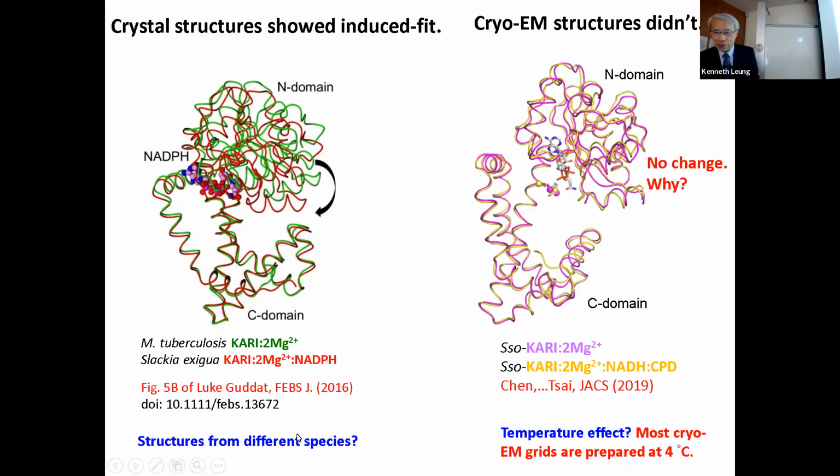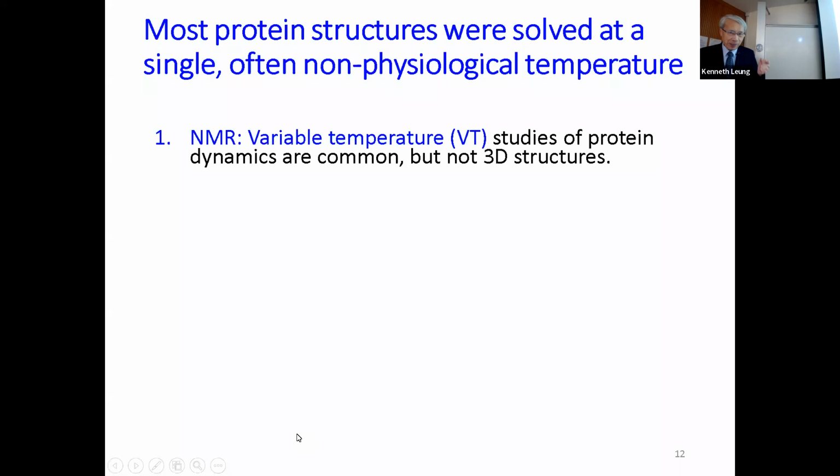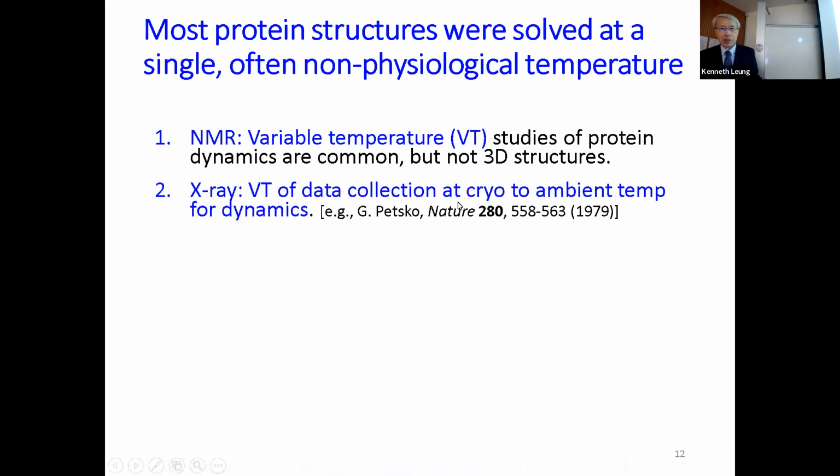So we decided to do a temperature-dependent structure study. Looking into the literature, actually no one has done it. In NMR, variable temperature studies have been done frequently, but not for solving the structure. You could do a particular NMR experiment to look at a specific region of the protein for temperature changes, but not for solving the entire structure.